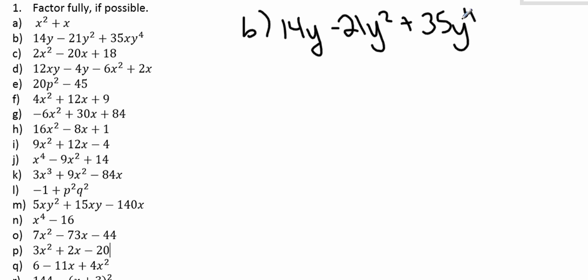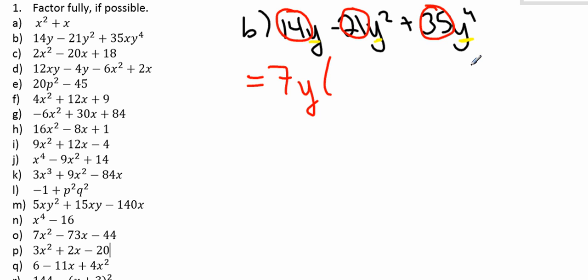So again, the first thing we need to look at is, is there a common factor? First, looking at the coefficients, I can see that 14, 21, and 35 are all divisible by 7. So I'm going to factor out a 7. Then I can see that there's at least 1 y in each term. So I'm going to factor out 7y.